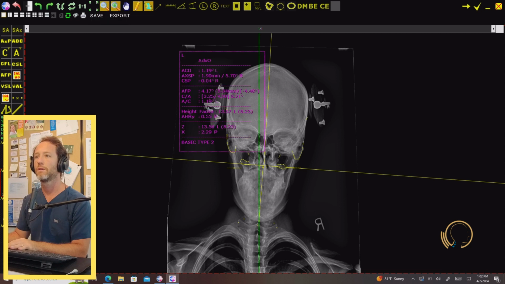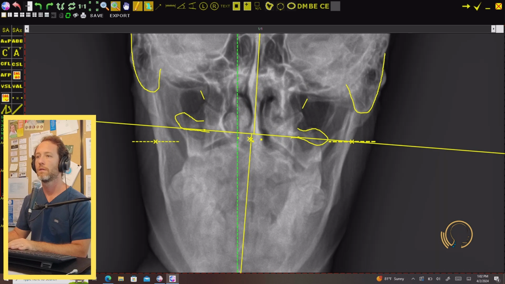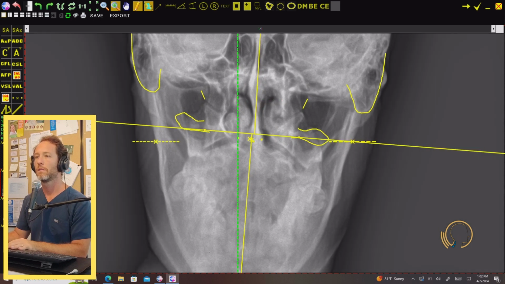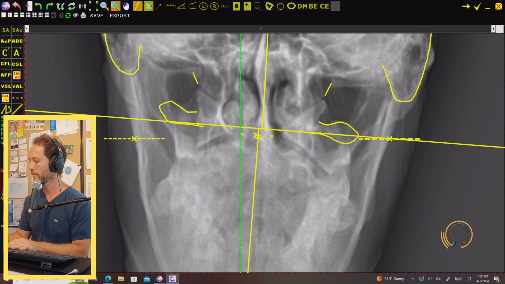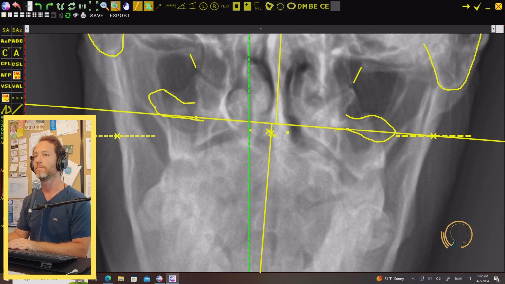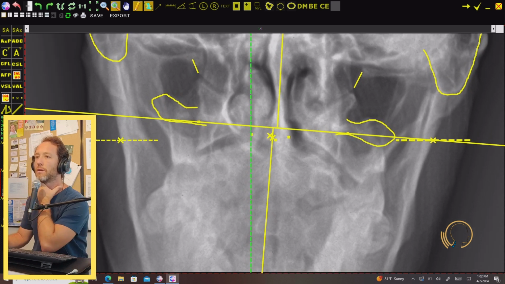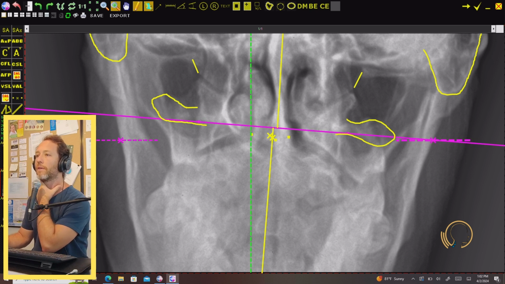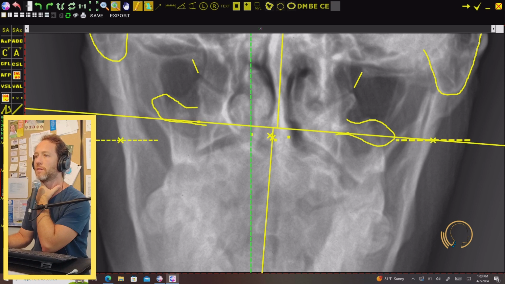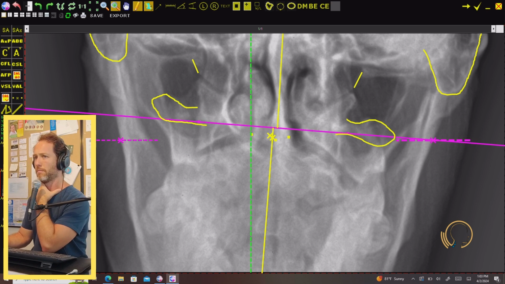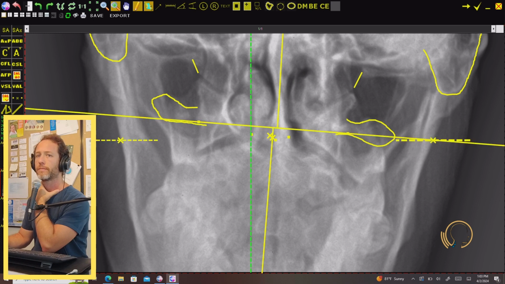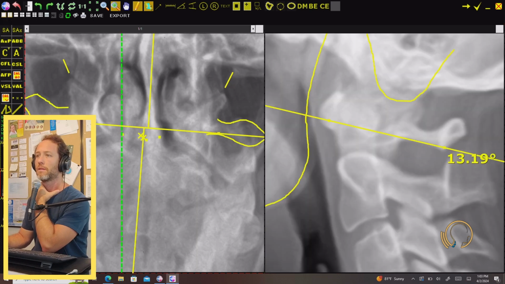Okay, so all right, if we look at her frontal film and I have her AFP, or atlas frontal plane, right? I'm at that posterior arch lateral mass, inferior aspect of posterior arch reference point.